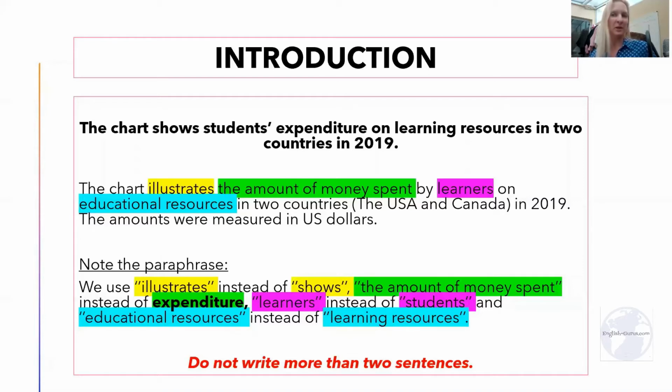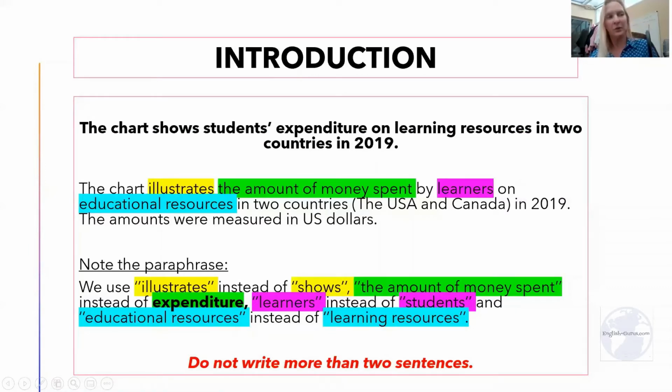As you can see, what I've written here has exactly the same meaning as the opening statement, but I've just turned things around. Instead of the word show, I've put illustrate. Instead of the expenditure on learning resources, I've put the amount of money spent on educational resources, and I've added learners instead of students.